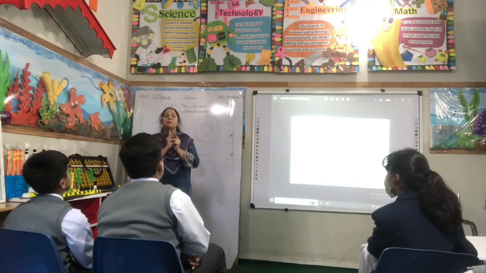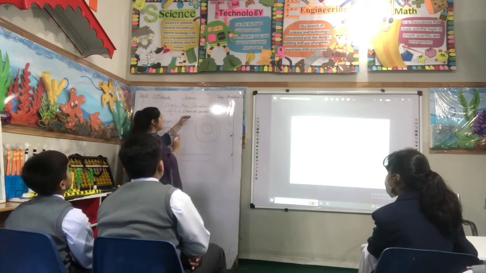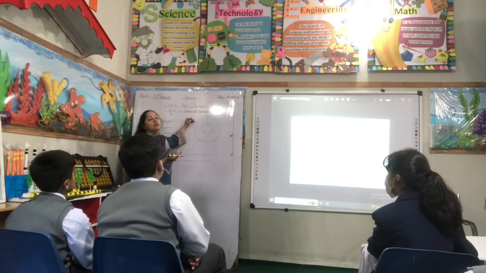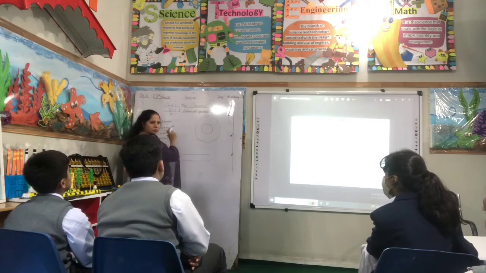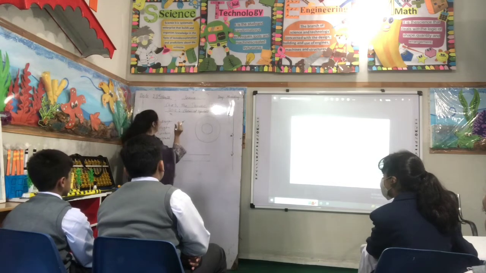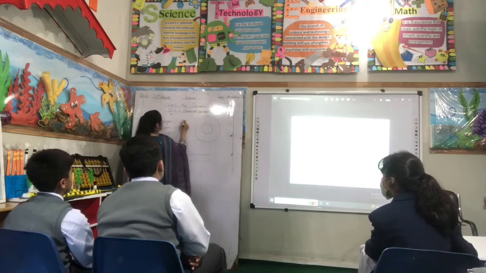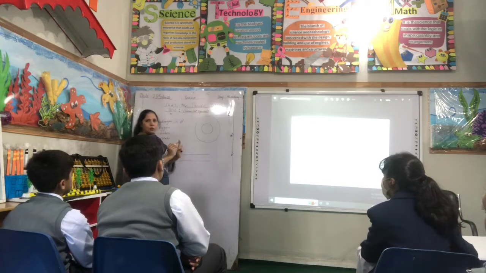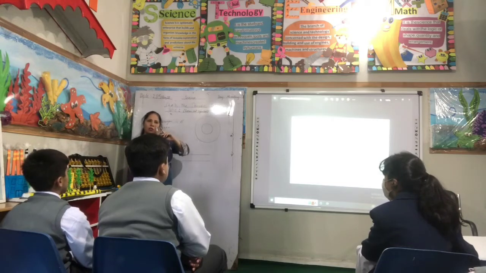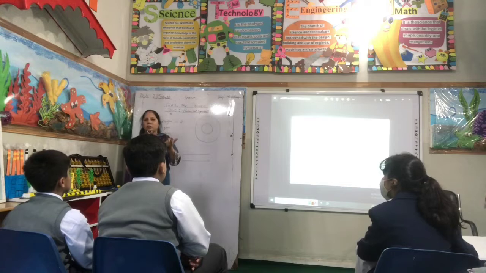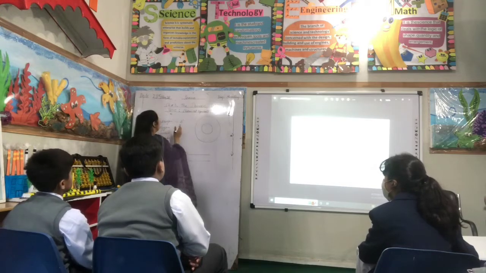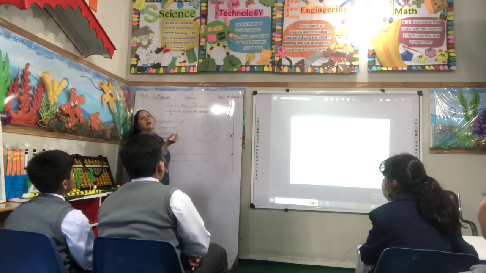The short name of the chemical or the element is called the chemical symbol, and the chemical symbol is our topic which we are going to do today. For example, hydrogen has a simple symbol, H. When we talk about hydrogen, instead of writing all of hydrogen we can just write H. It gives the idea that we are talking about hydrogen.